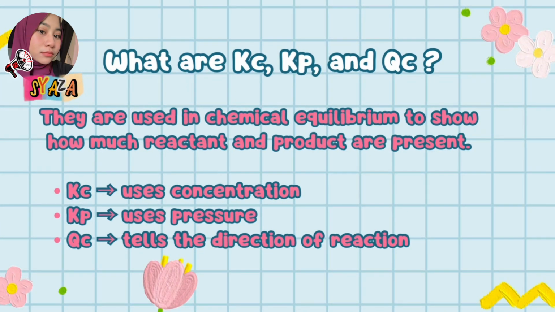What are Kp, Kc, and Qc? They are used in chemical equilibrium to show how much reactant and product are present. Kc uses concentrations, Kp uses pressure, and Qc tells the direction of the reaction.